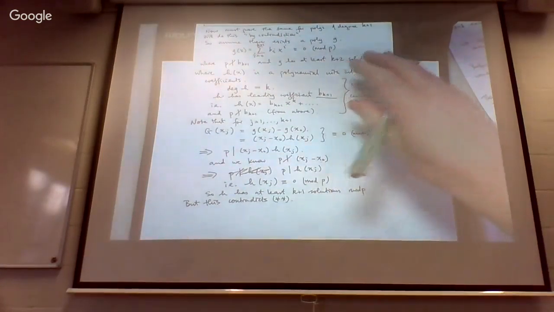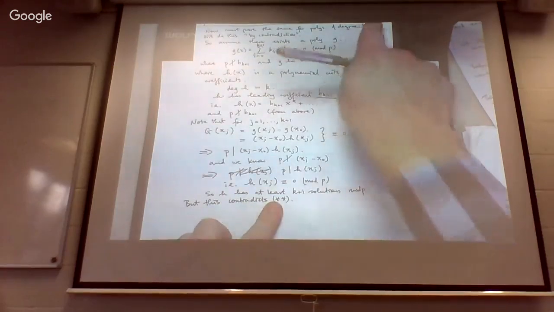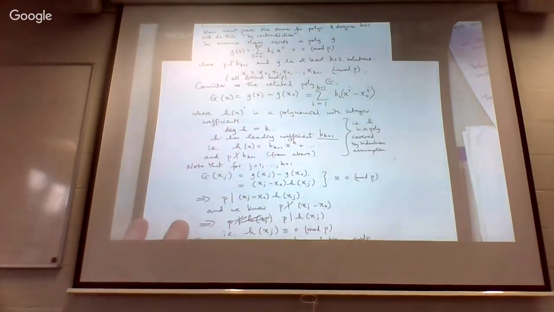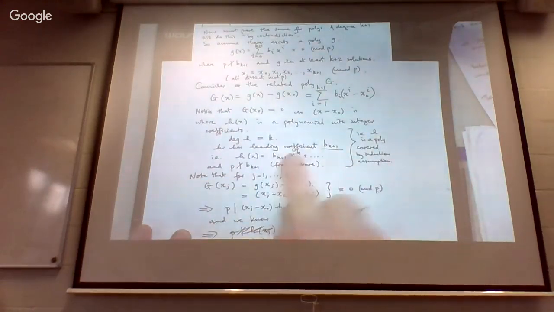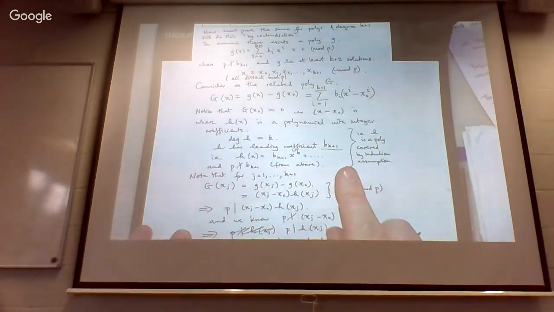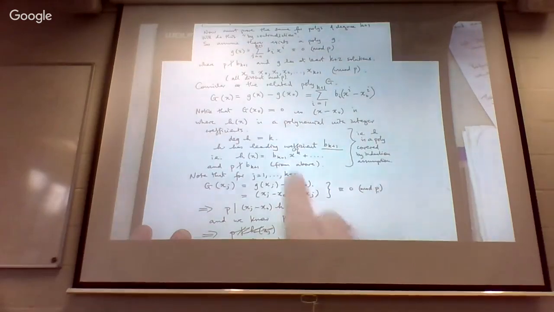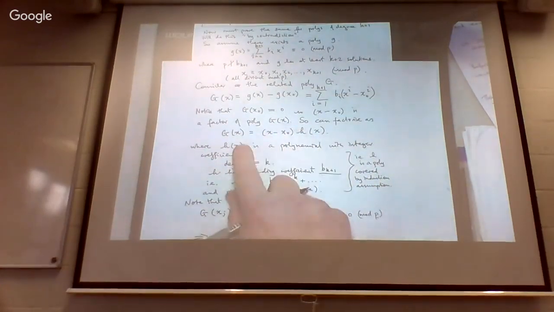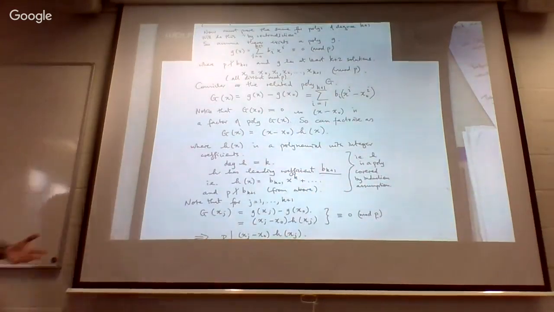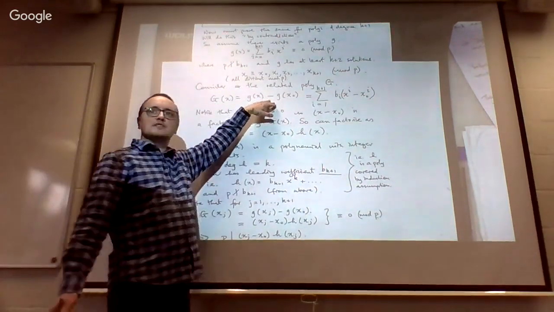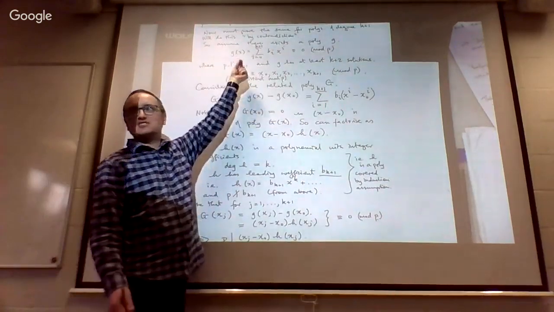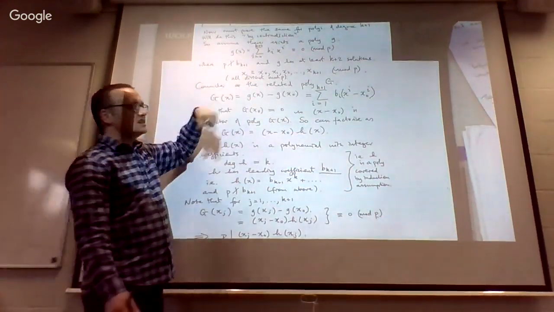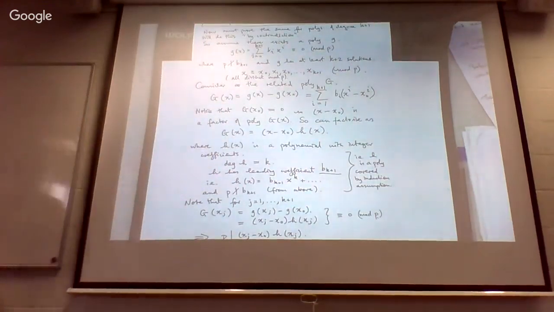So H contradicts star star. Well, where did H come from? H came from factorizing capital G here. Where did capital G come from? Capital G came from the polynomial little g. So the existence of little g contradicts the assumption star star.